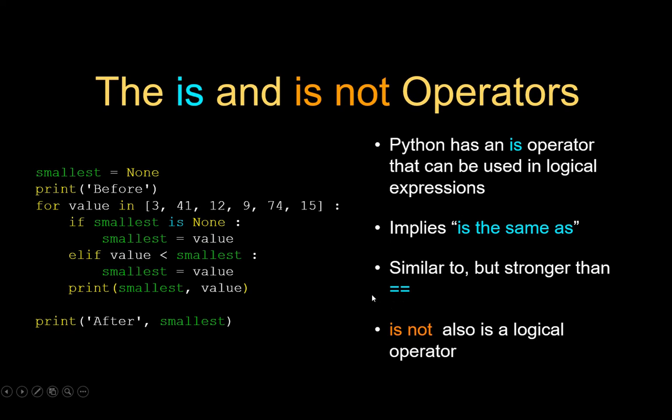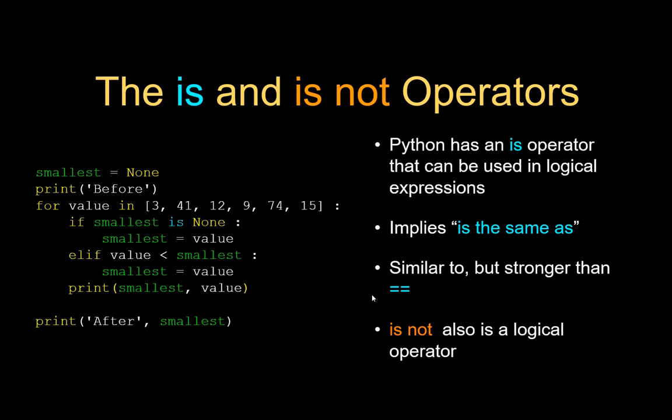Double equal just says whether the values of these two variables are equal, but is is stronger, and in the is example we have to have identical value and type of variables.